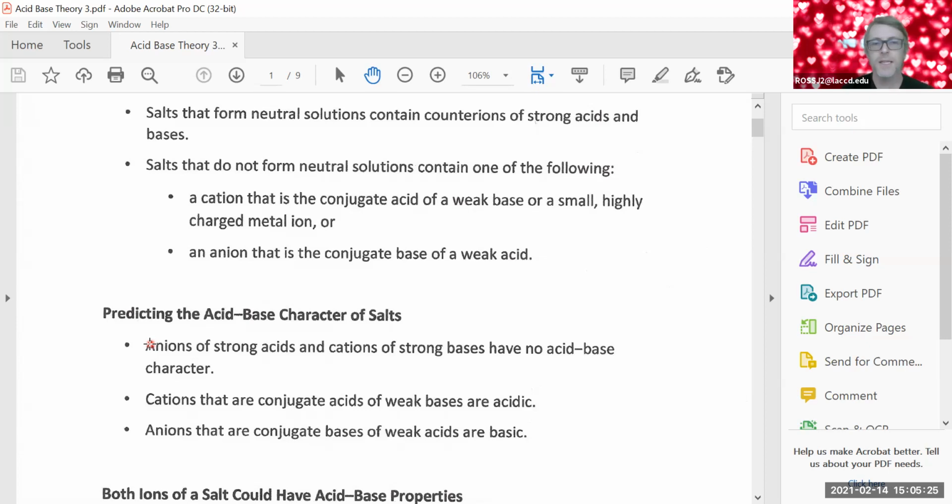It says anions of strong acids and cations of strong bases have no acid-base character. This makes sense because they are shifted far right, since whatever the equilibrium constant is, it's much greater than 1.